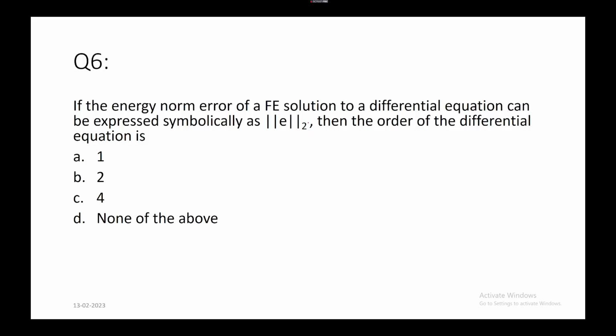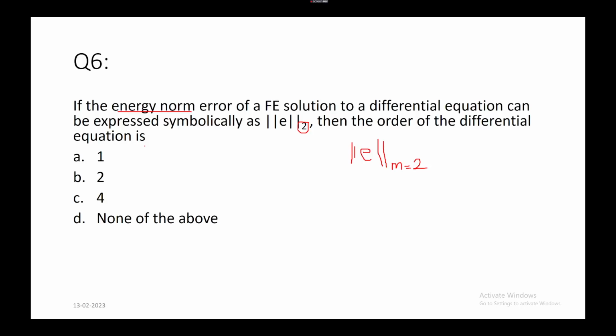As I told you in the last to last question, there is a significance attached to this subscript. In the case of energy norm, we saw E with subscript m. Here I am mentioning that m is equal to 2. So this has some connection with the order of the differential equation.